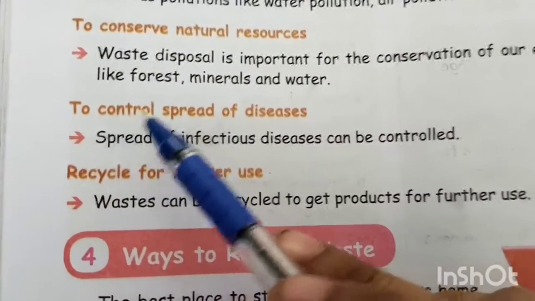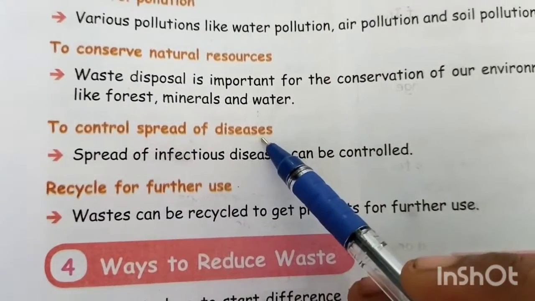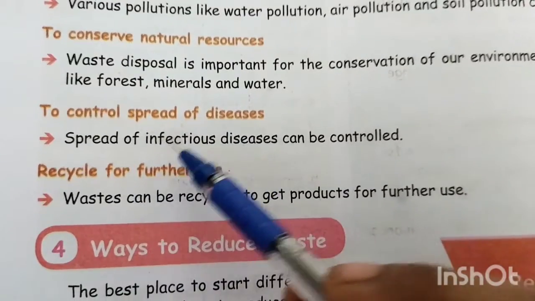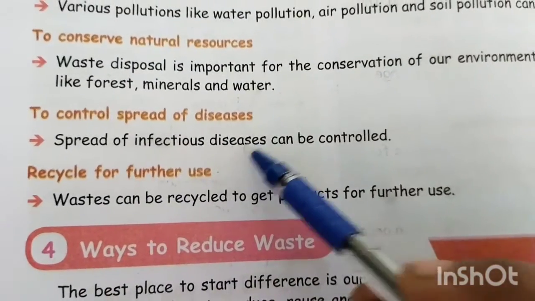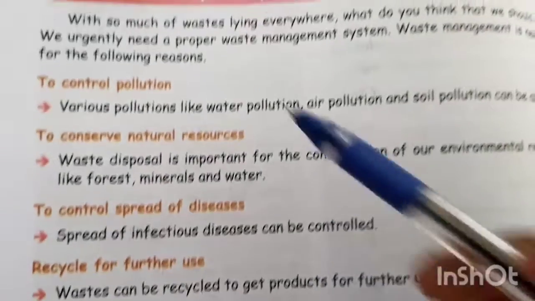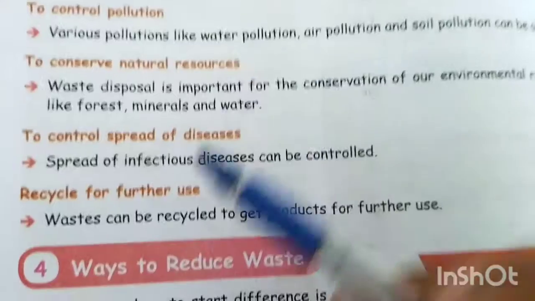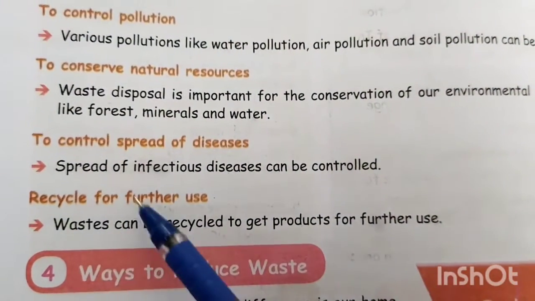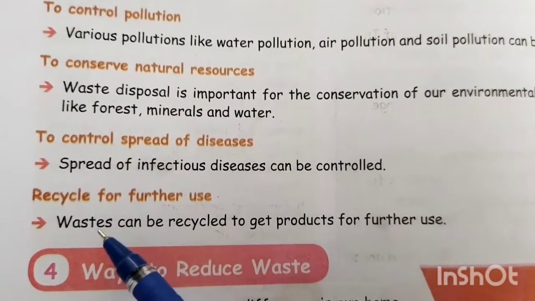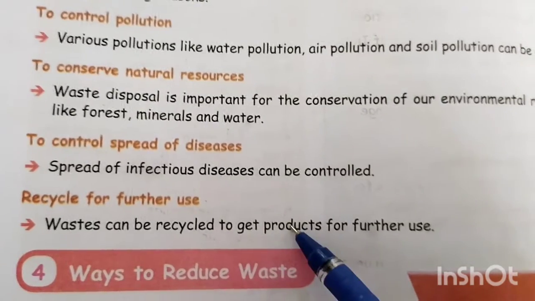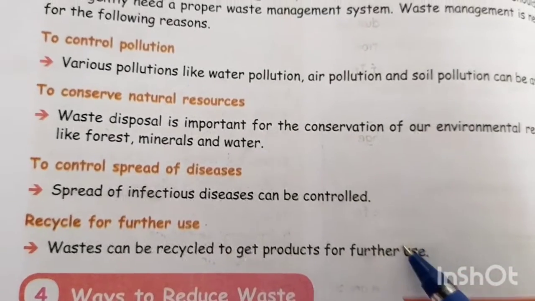Students, next, to control the spread of diseases. The spread of infectious, means infection-causing, diseases can be controlled if we throw the waste in a proper way. Next, recycle for future use. The waste materials can be recycled to get a new product for future use.